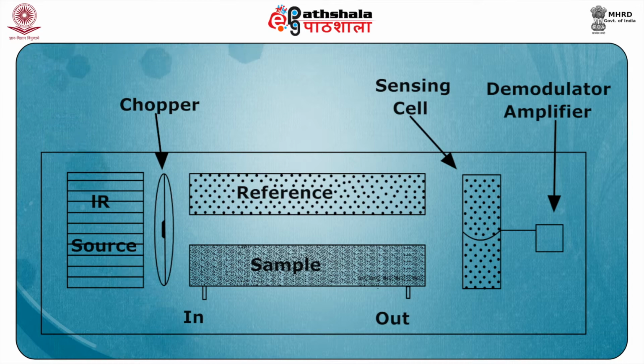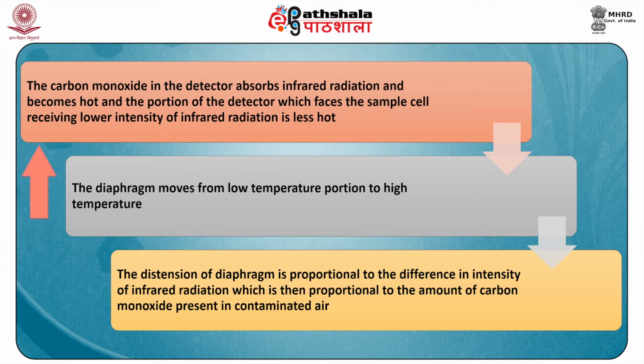The beam then strikes a detector containing carbon monoxide and a movable diaphragm. The carbon monoxide in the detector absorbs infrared radiation and becomes hot, and the portion of the detector which faces the sample cell, receiving lower intensity of infrared radiation, is less hot.